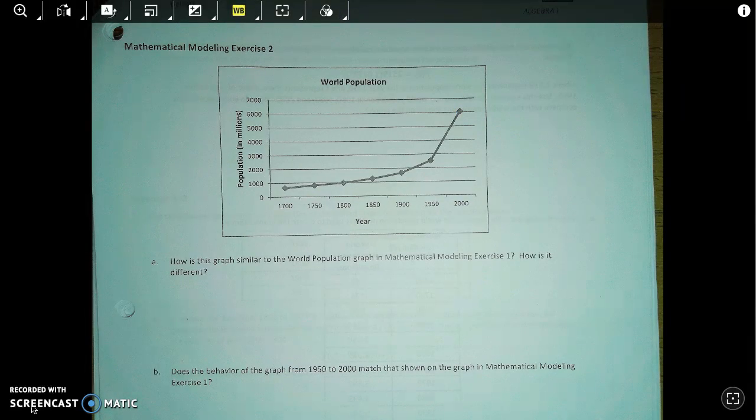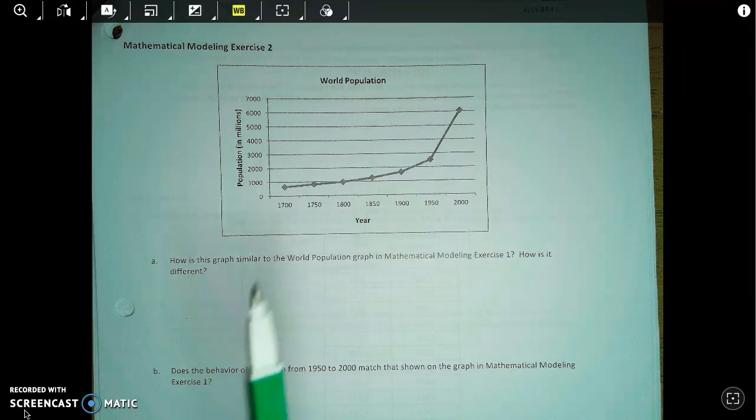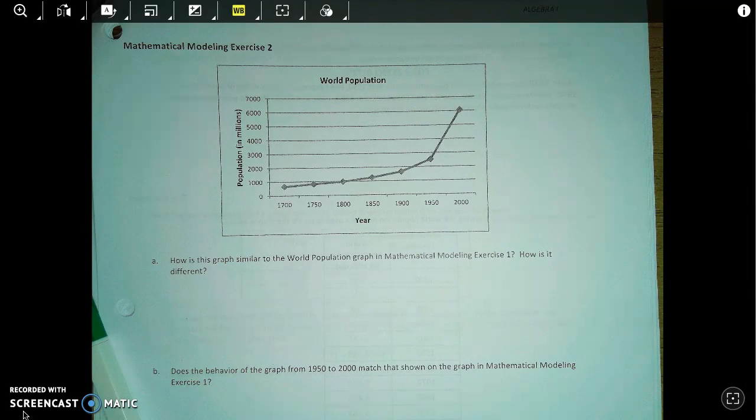Now, if we look at the next exercise, we realize that we have a graph that does not look linear. We're going to answer these questions as we go along. So how is this graph different from the previous graph?